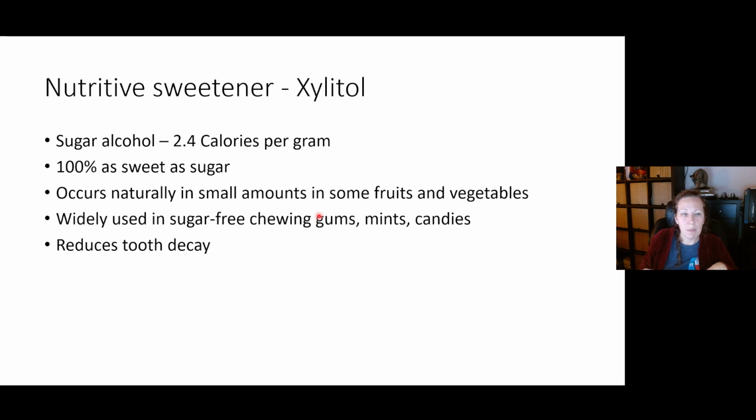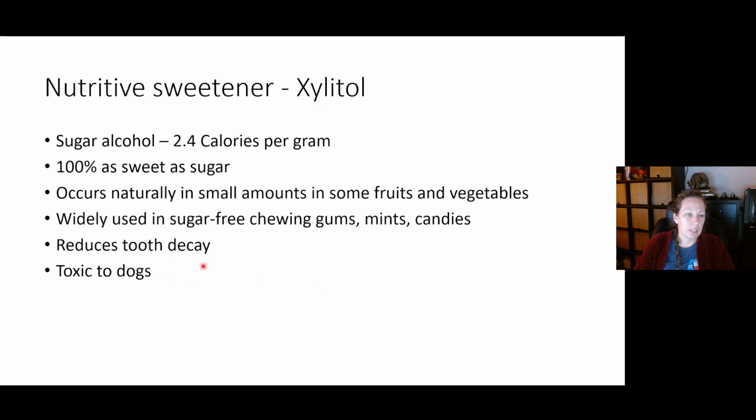There's also some evidence that xylitol, as well as some of these other sugar alcohols, actually inhibit the growth of bacteria. So not only do they not give them food to grow, but they actually suppress the bacteria and decrease them. So they are actually pretty good in that role of preventing tooth decay.